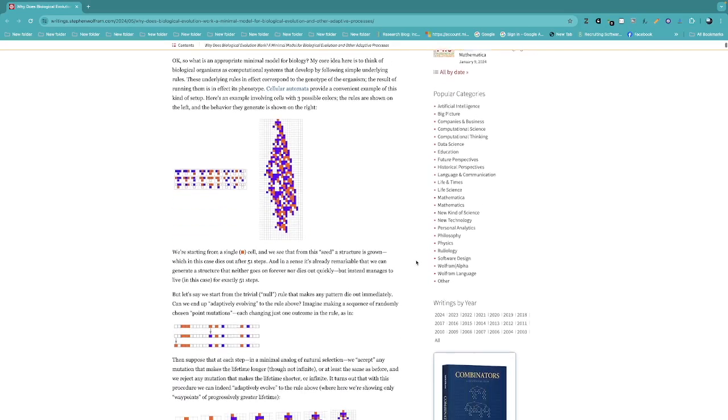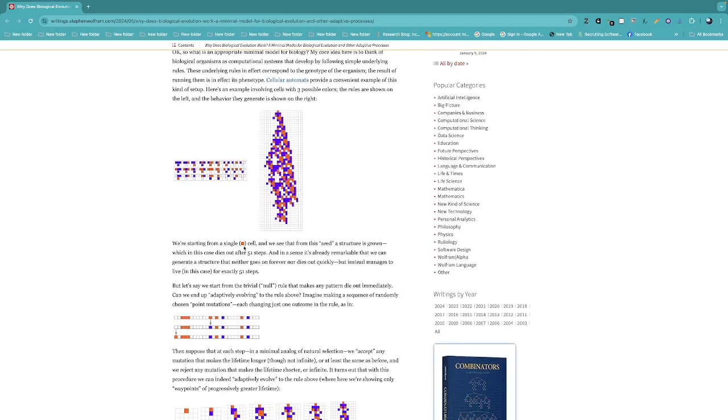So this is the minimal model here. We start with a single red cell, and we see from this seed a structure is grown. We start up at the top with a single red cell, and we get this structure of red and purple and white cells coming down. And so a structure is grown, which in this case dies out after 51 steps. At step 51, we end up with a single blue cell, and then it dies.